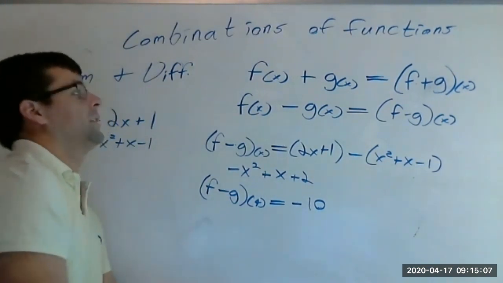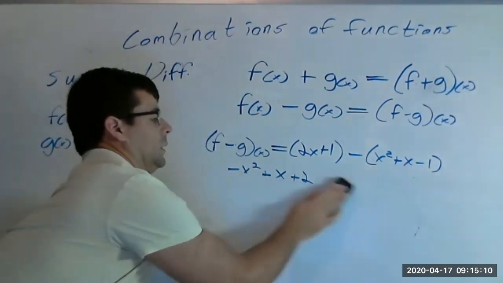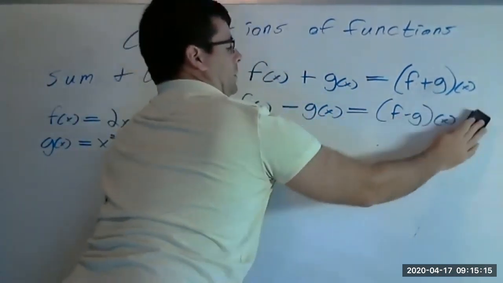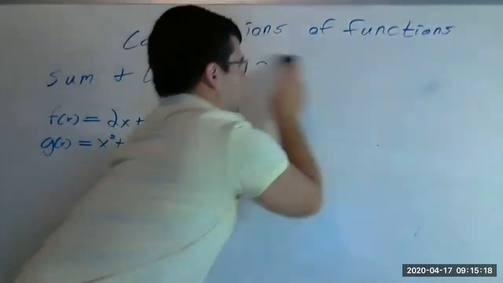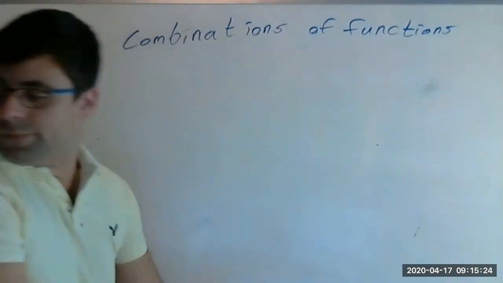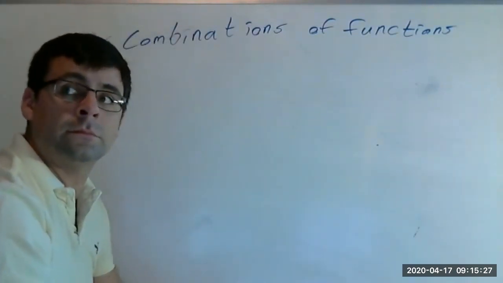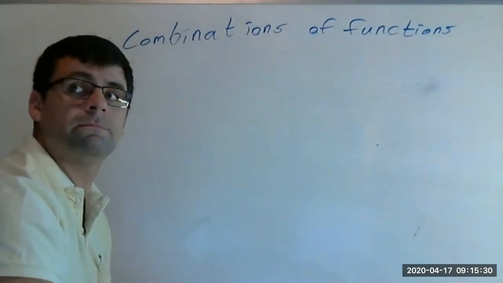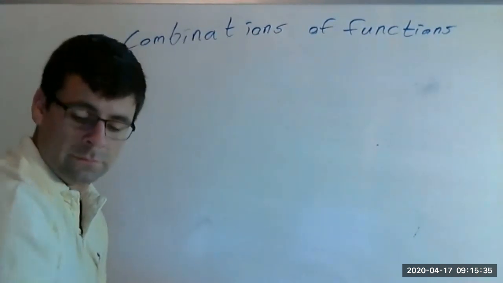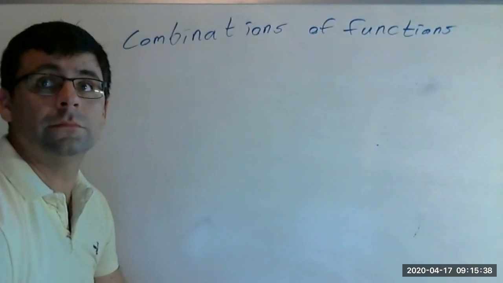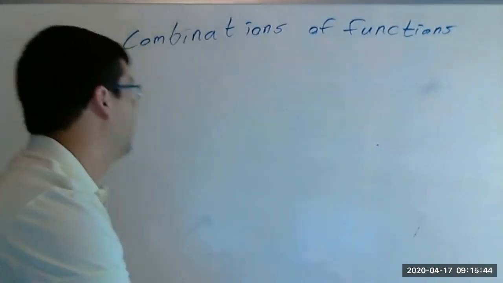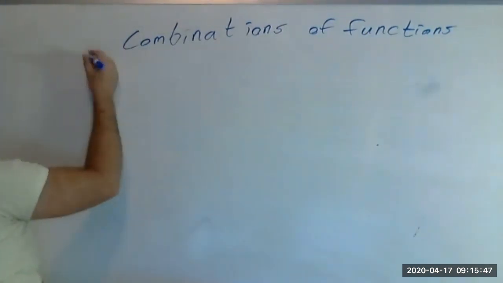But there's other kinds of combinations we can do. So when we take a step up from addition and subtraction, what do we get? Multiplication and division.